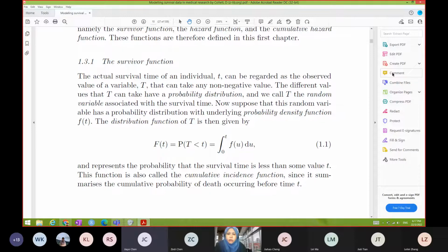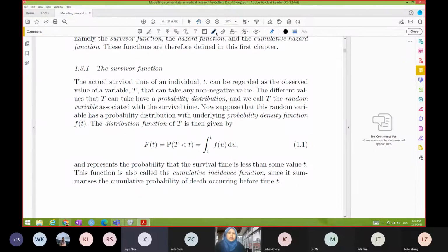I know this is a very common function, F(t), which equals the probability that T is less than t, which equals the integration from 0 to t of f(u) du.